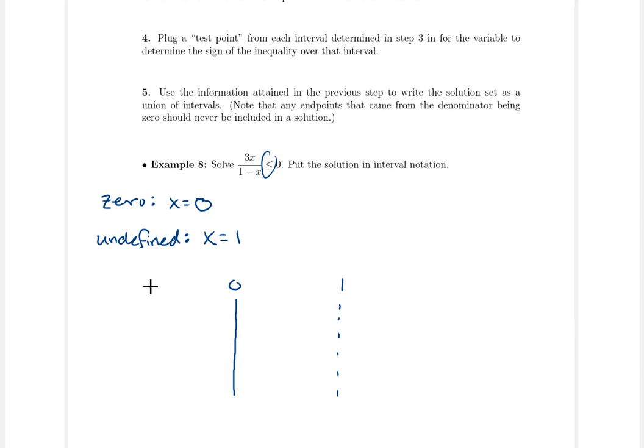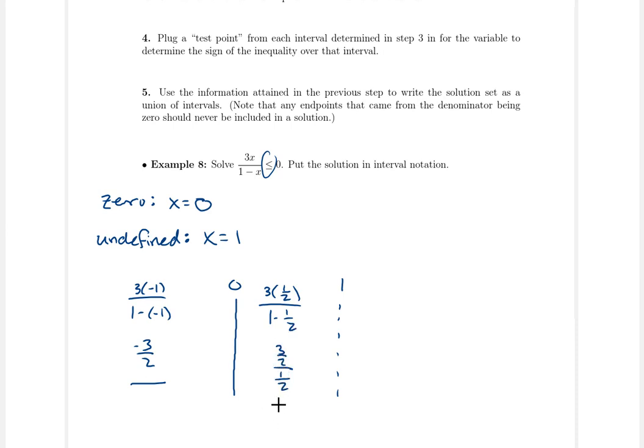And so now we can plug some things in, 3 times negative 1 over 1 minus negative 1. That's going to give me negative 3 over 2, so that's negative. We'll try, how about a half? 3 times a half over 1 minus a half. So that's 3 halves over 1 half.